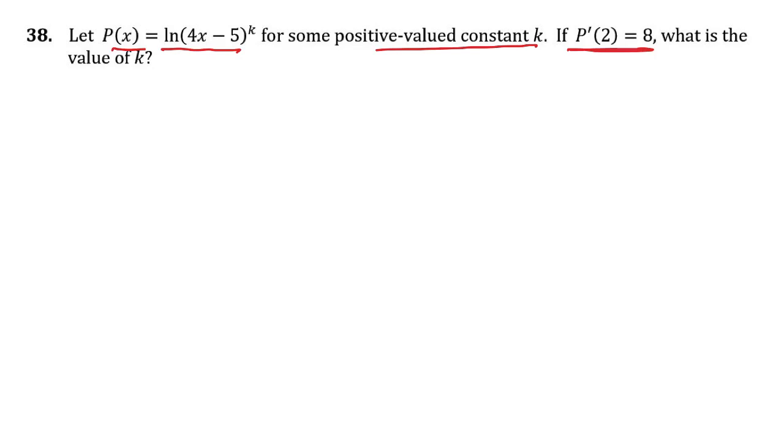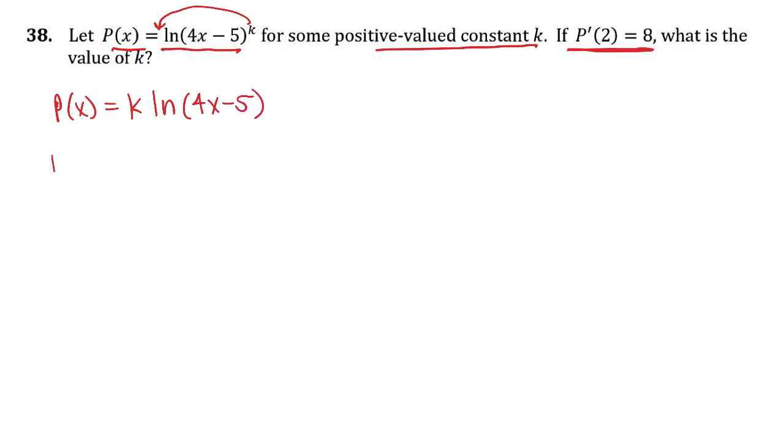So what we'll need to do with this is some rewriting at first, because we know an exponent sitting on the outside of that logarithm moves down to the front. So we have p at x equals, I'm going to move that k down here to the front, so I have k times natural log of 4x minus 5.